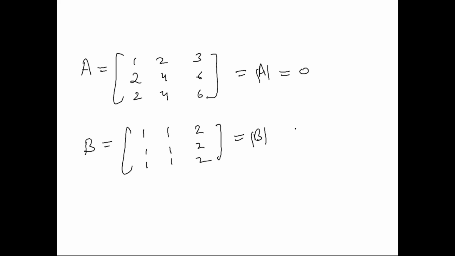Okay, what about you, Ishwar? 0. Now you can see that in the first matrix, row 2 and row 3 are identical, whereas in second matrix, column 1 and column 2 are identical. Whenever two rows are identical or two columns are identical, the determinant will always be 0. We have proved it by finding it out.